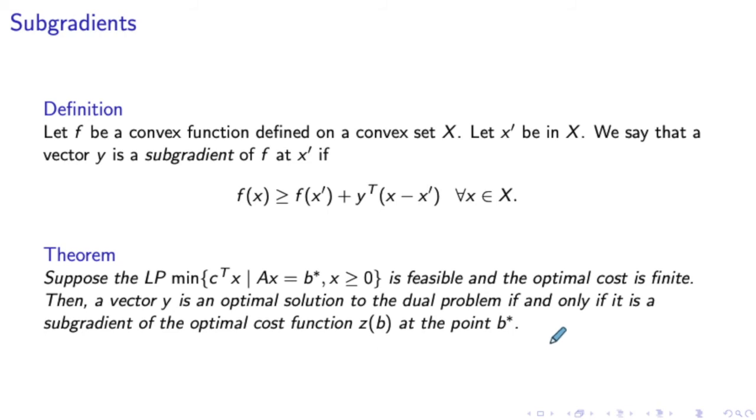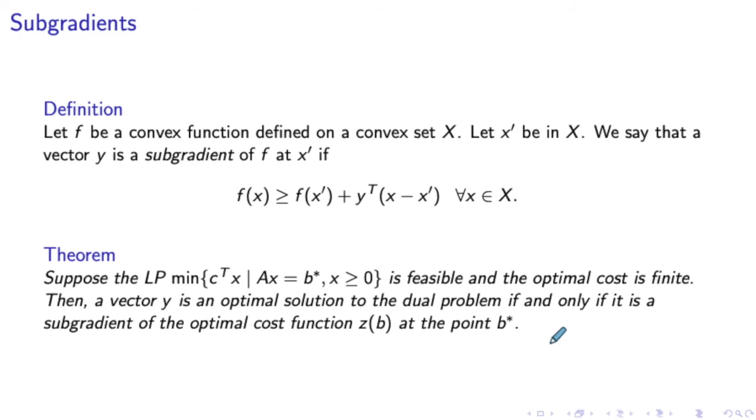So we saw that in case of differentiability, the gradient of z of b star is actually given by the dual optimal solution y. So in this case, the subgradient is unique. Whenever you have differentiability, the subgradient is unique and it is given by the gradient.